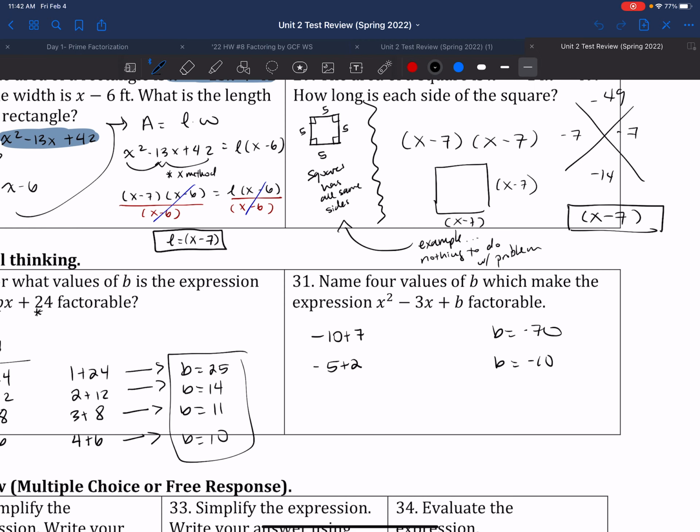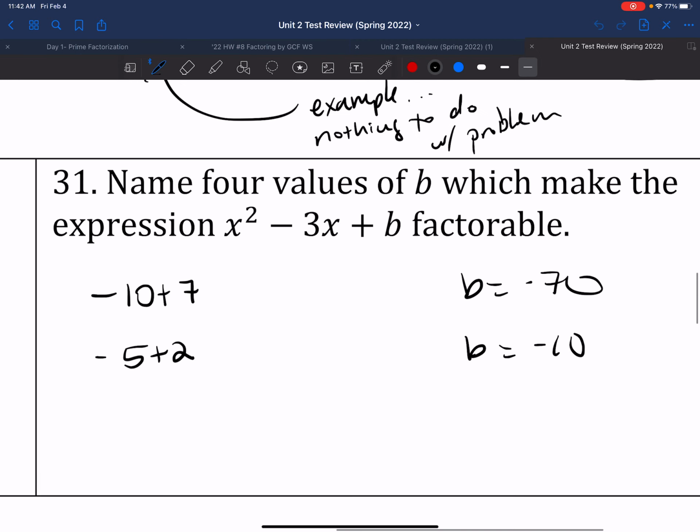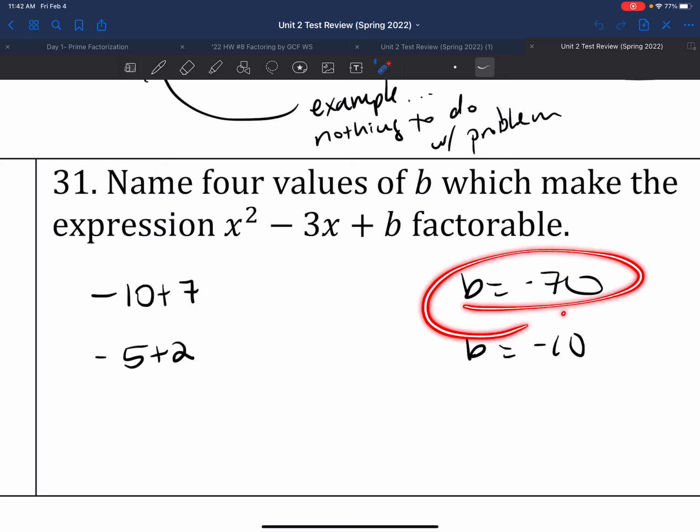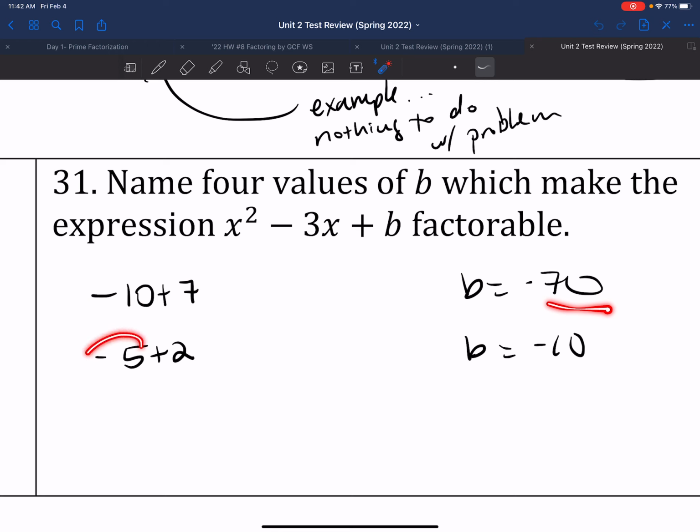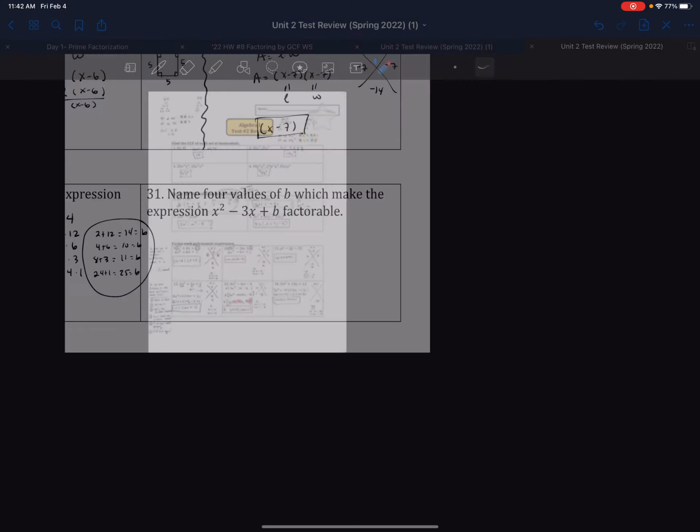What can make my b factorable? So what I did was, when you're adding, we did negative 10 plus 7, that's going to give me negative 3. Negative 5 plus 2, that's going to give me negative 3. So that means my b can be, if I multiply, negative 10 times 7 is negative 70, and then negative 5 times 2 is just what? Negative 10. So yes, these can make my b factorable here.